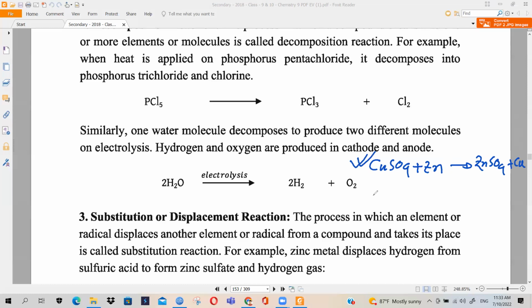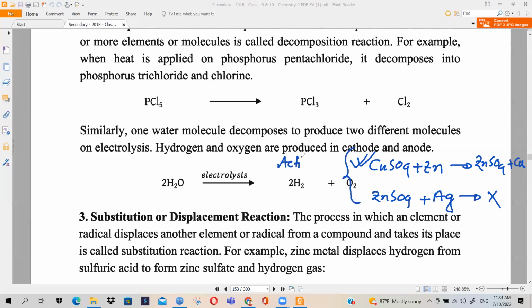But if you are trying to make a reaction something like this, say for instance zinc sulfate plus silver, this reaction won't happen, because silver is way down in the activity series, and that is why silver does not have the capability to replace zinc here. So this is the easiest explanation of the activity series.